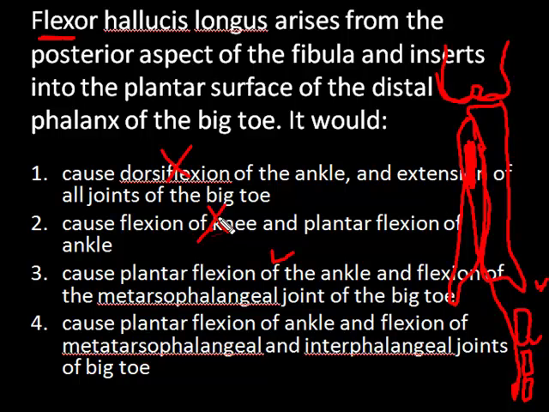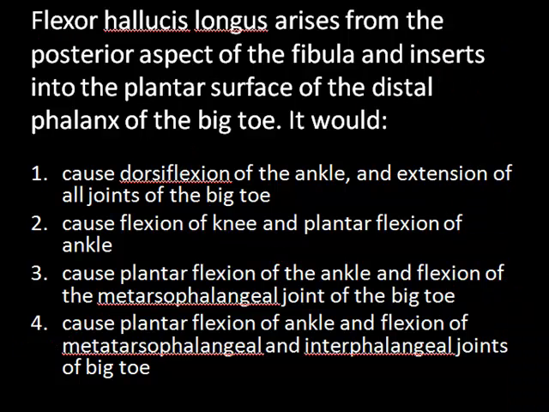Remember, this muscle goes to the distal phalanx, so it has to act also on the interphalangeal joint. So this statement takes care of all actions, hence it is the best answer. It's not that the other is wrong, but it does not cover the interphalangeal joint. That's how you should be answering these kinds of questions.